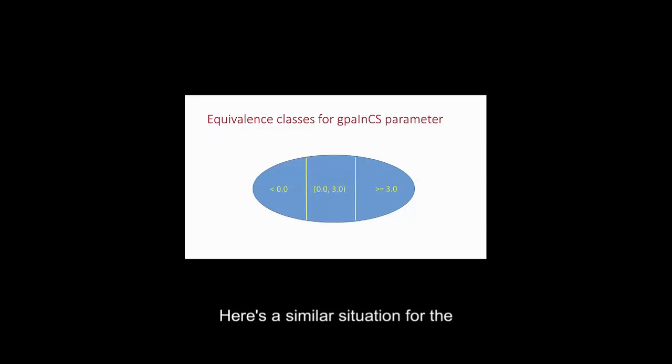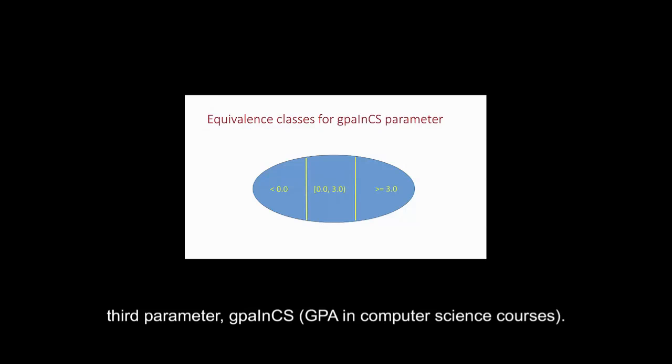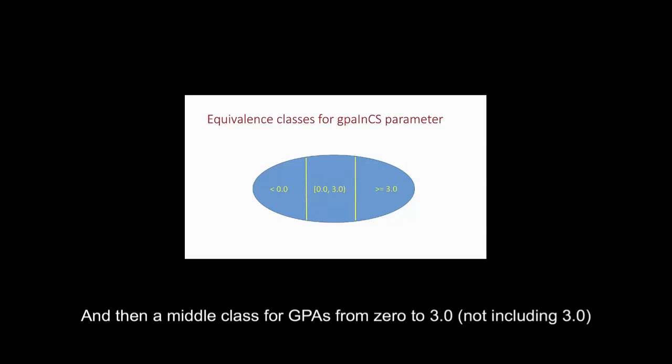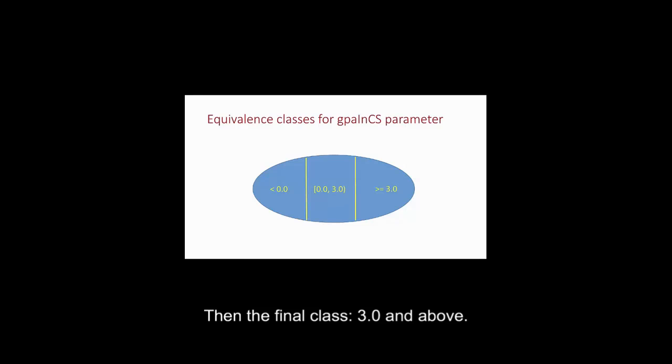And here's a similar situation for the third parameter, GPA in computer science courses. We've got three classes: the error class for GPA less than 0, there is no such thing, and then a middle class for GPAs from 0 to 3.0, not including 3.0, and then the final class 3.0 and above.